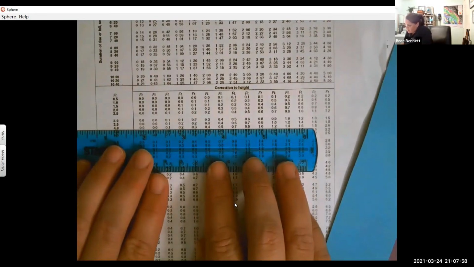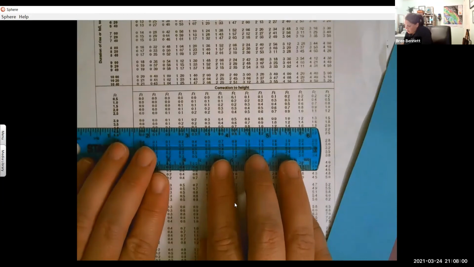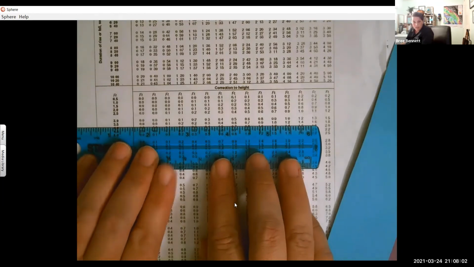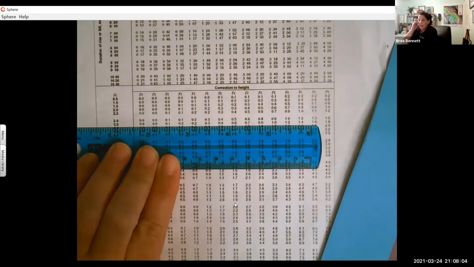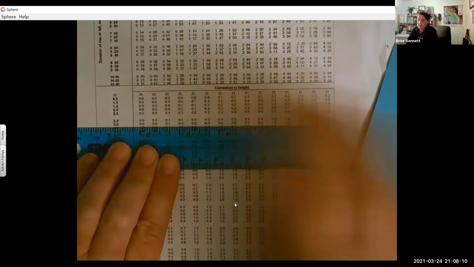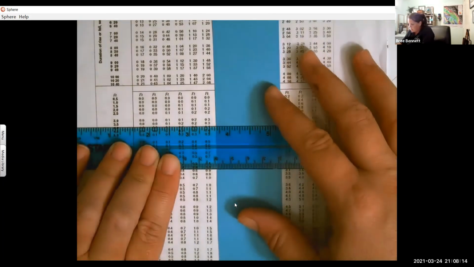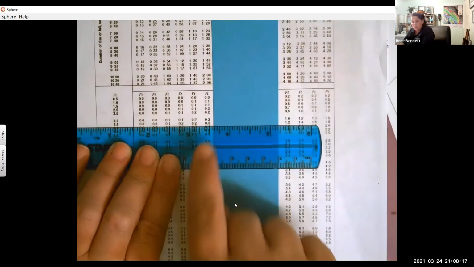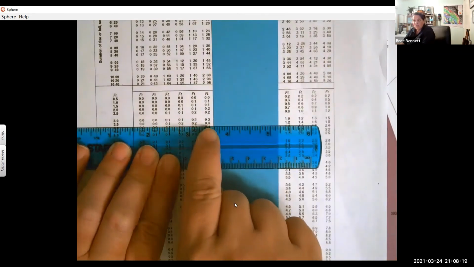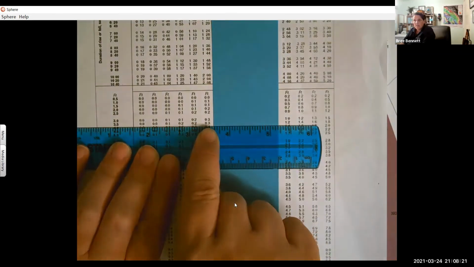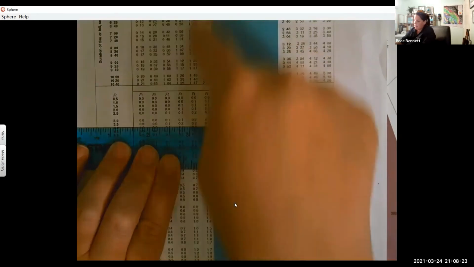So we can use 3.5. And then the correction we needed to get to that 3 feet was 0.3. So there's my 0.3. So I know I'm going to be in this column.